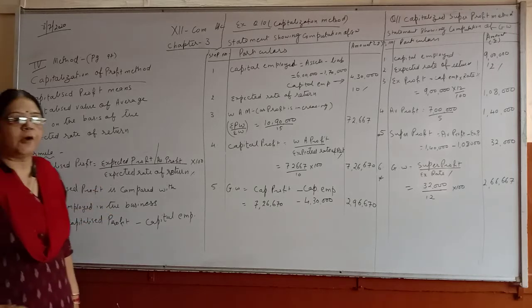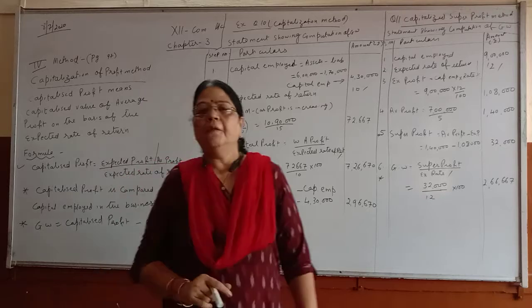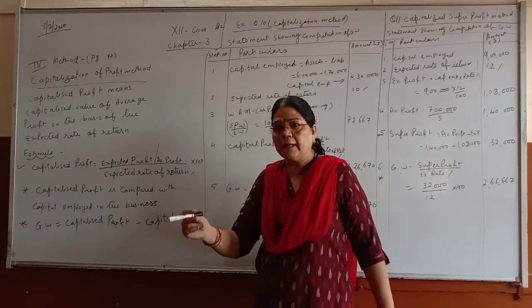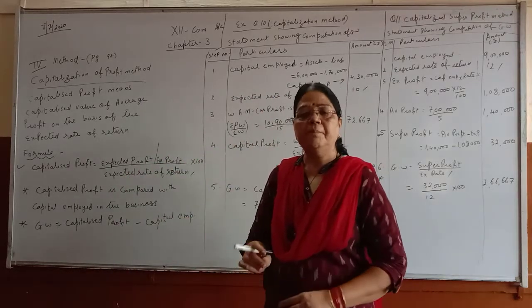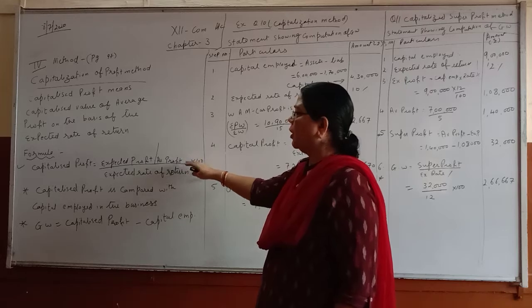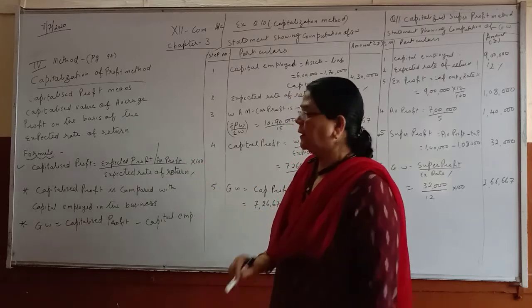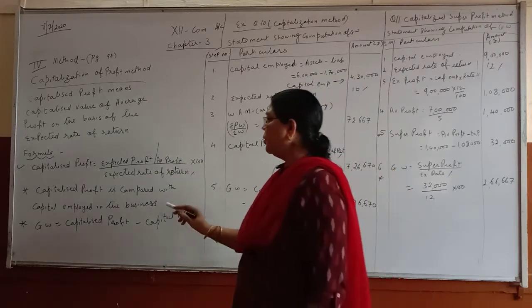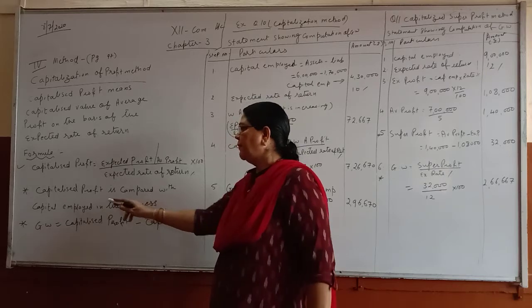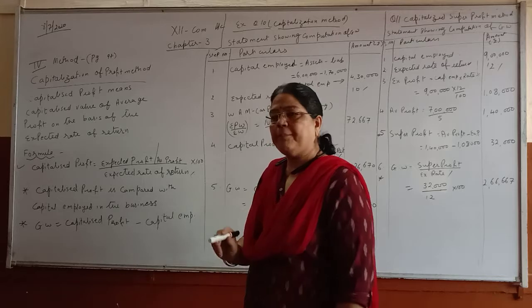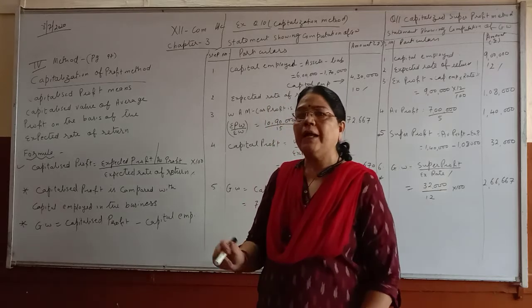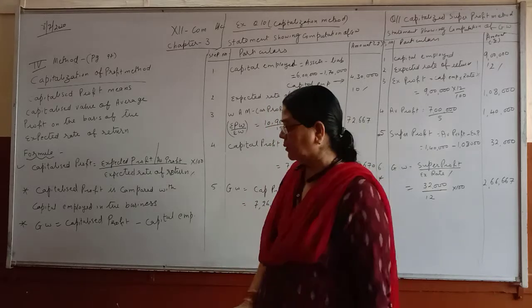It means how much profit you will earn, then you will compare it with how much capital you have invested in the business. According to the formula, you will compare that capitalized profit with the capital employed.